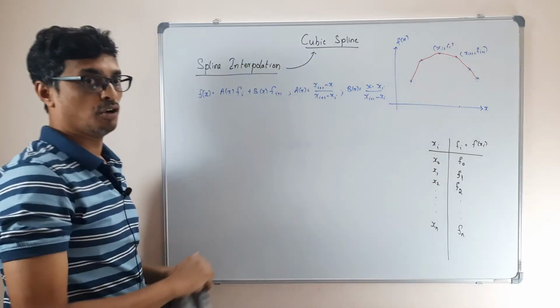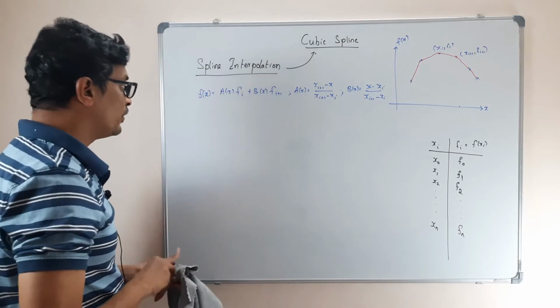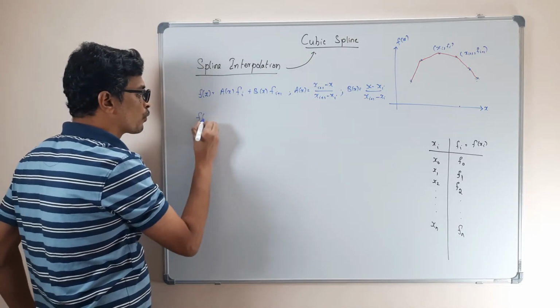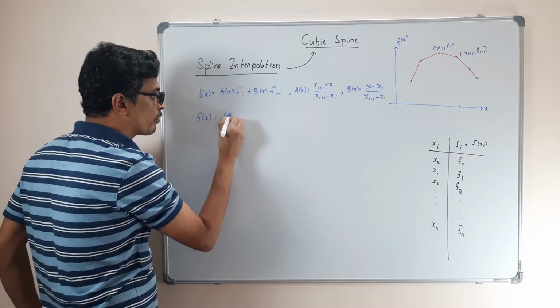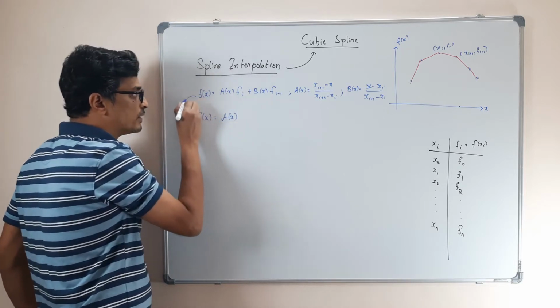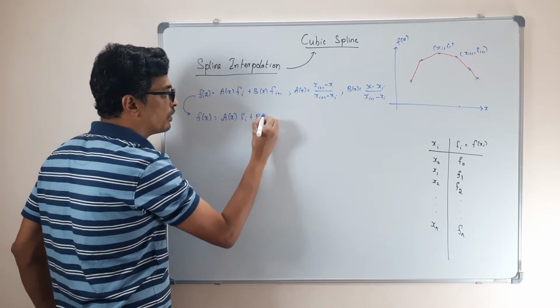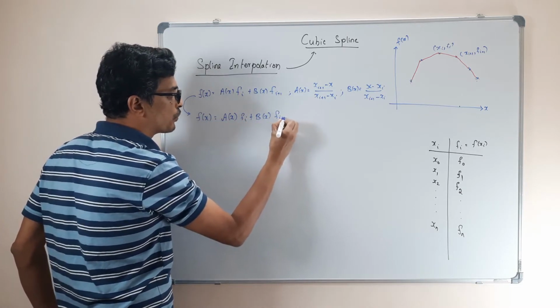So in a cubic spline, we modify this f of x, which is a straight line, f_i a(x) plus f_{i+1} b(x).